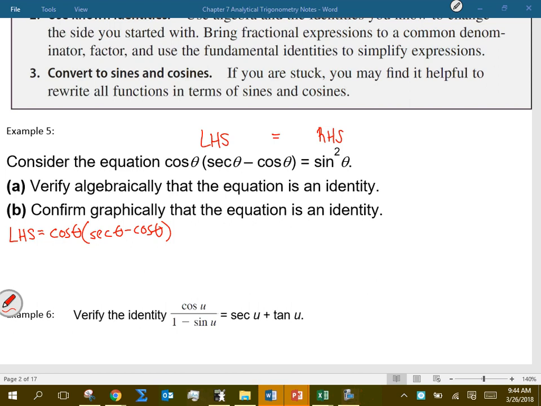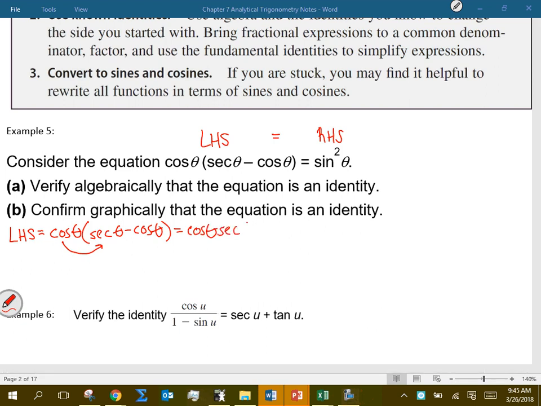But I recognize that there's some algebra here. You know, if I had like x and x plus 3, what's that algebra tell me to do? Distribute, correct? Isn't that what this algebra tells me to do? And here's the reason why I would not change this to a 1 over cosine, because I want to save myself a little bit of writing. When I multiply those together, I get cosine times secant, right? And even if you want, you can write that.